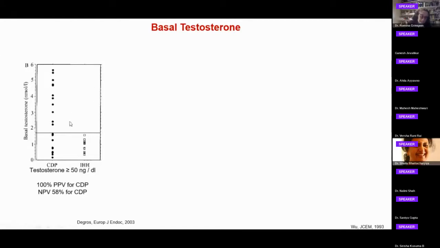We can see that all patients that have a testosterone level over 50 nanograms per milliliter are constitutional delay of puberty. And we can see also that if testosterone is below 50, we cannot use it to differentiate both diagnoses.